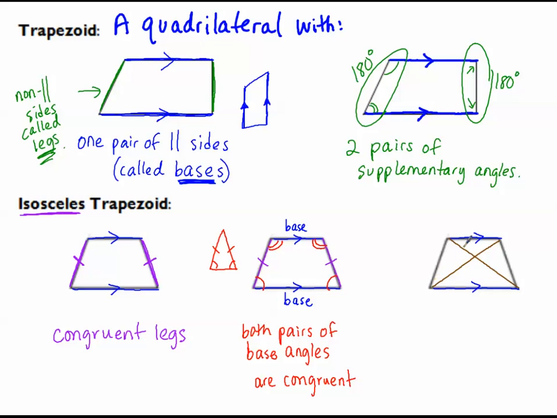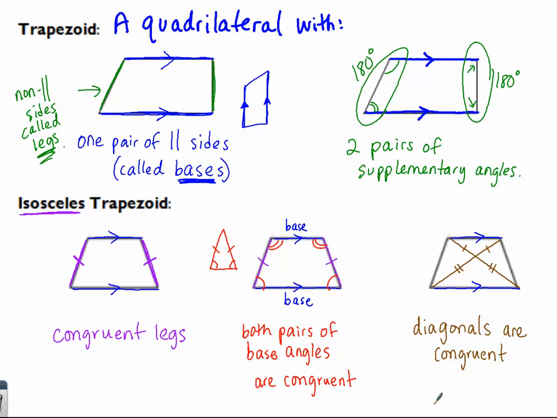How can we show that? 1, 2, 3. 1, 2, 3. The same amount of slashes. It's just that this short piece is not the same as this long piece. Otherwise, it would be a parallelogram. So we will say about this picture, the diagonals are congruent. Feel free to use the congruent symbol as long as you know what it means.